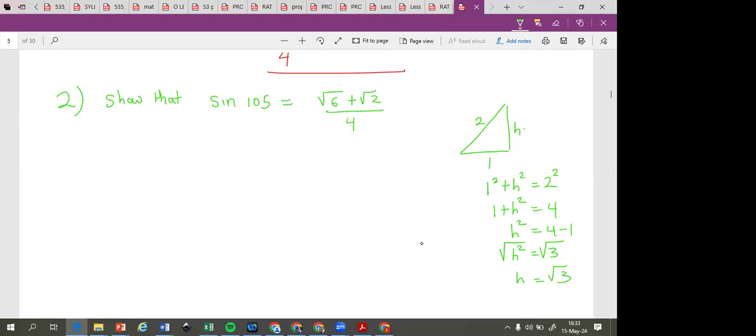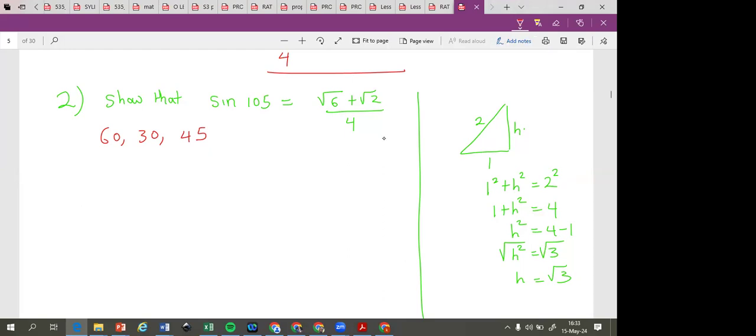Now, members, the moment you see these ones, the first idea that should come into your mind is the special angles. You know you have 60, you have 30, you have 45. You ask yourself, is there any pair I can add to get 105? Is there something I can do when I subtract or add in order to use those angles to come up with 105?